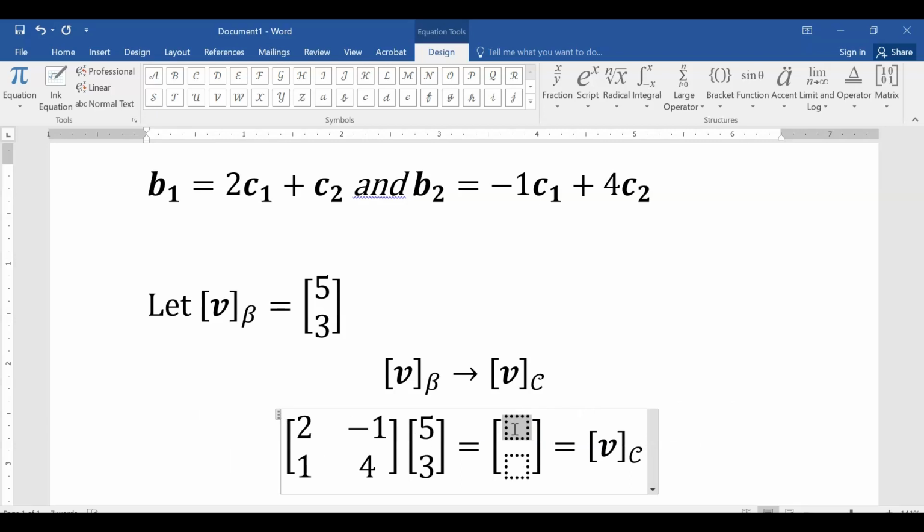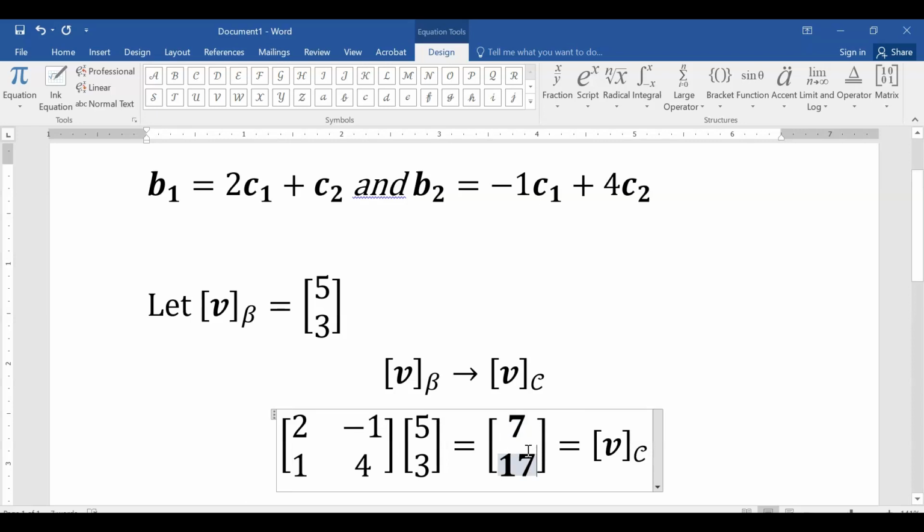All that turns out to be just 7. 1 times 5 plus 4 times 3 gives me 17. So notice that this matrix translates from basis B to basis C.